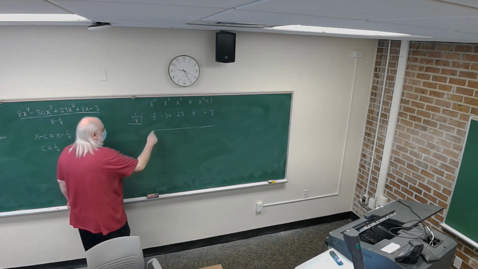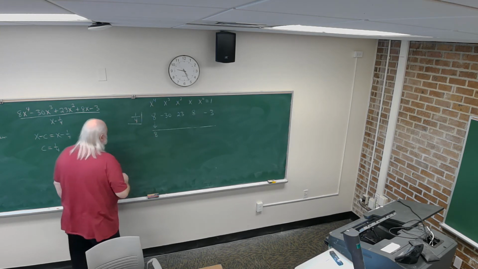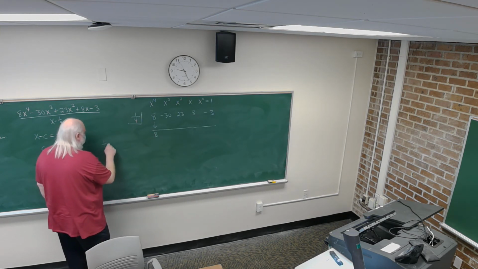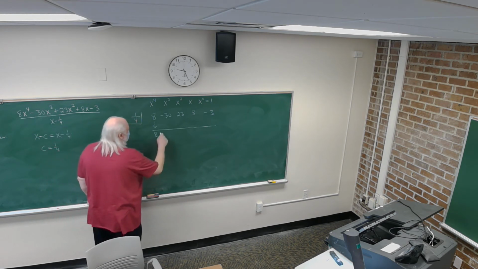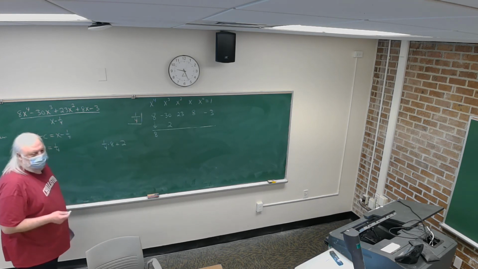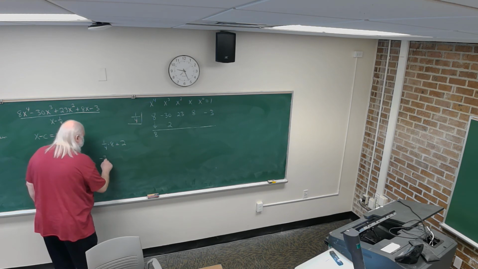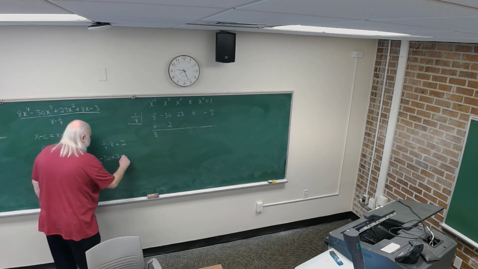So first step, bring down the 8. And then we multiply 8 by 1/4. And 1/4 of 8 is 2. So the result 2 goes in the next column. We add that to minus 30, and we get minus 28.